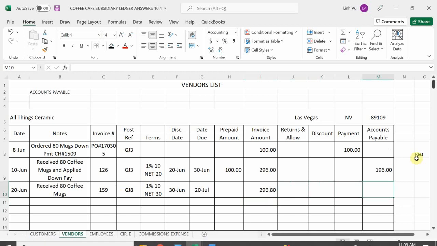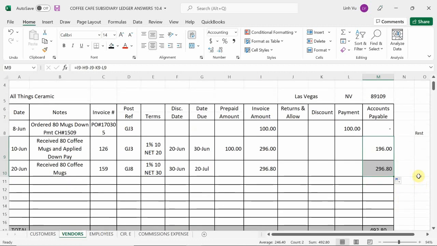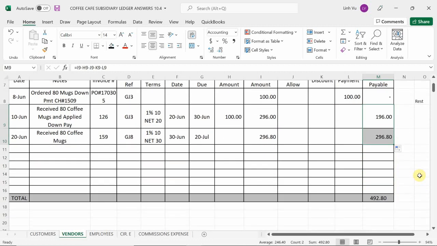We didn't make any payment toward this, so we owe $296.80, which brings my total account balance that I owe All Things Ceramics to $492.80. Okay.